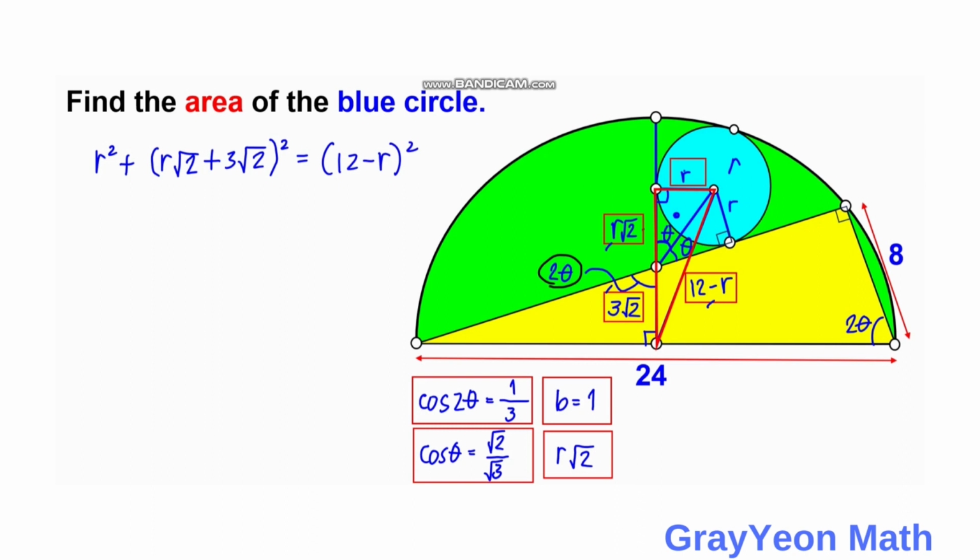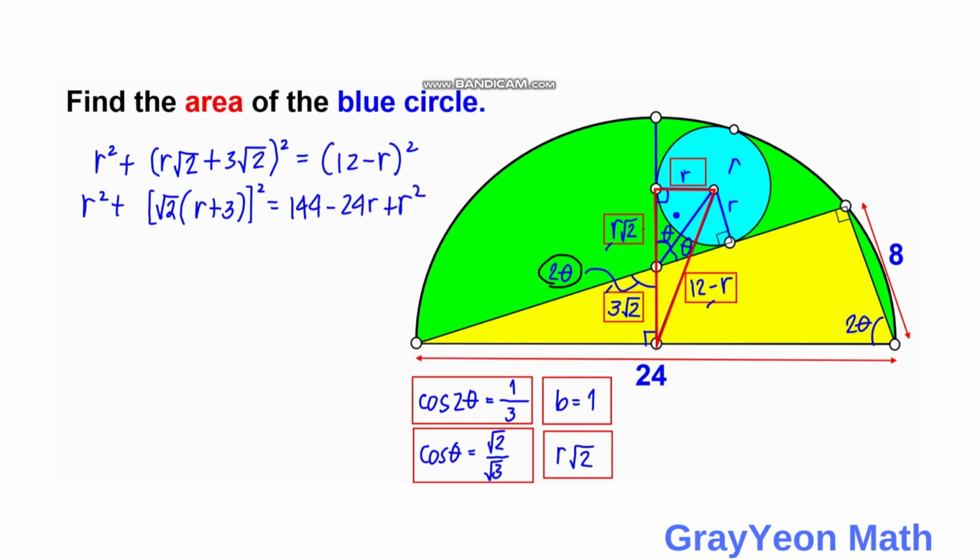squared. We can write this R squared, just copy that, and we can factor out this square root of 2 outside. So square root of 2 and quantity R plus 3. And to square 12 minus R, we have 144 minus 24R plus R squared. And this should be squared also.